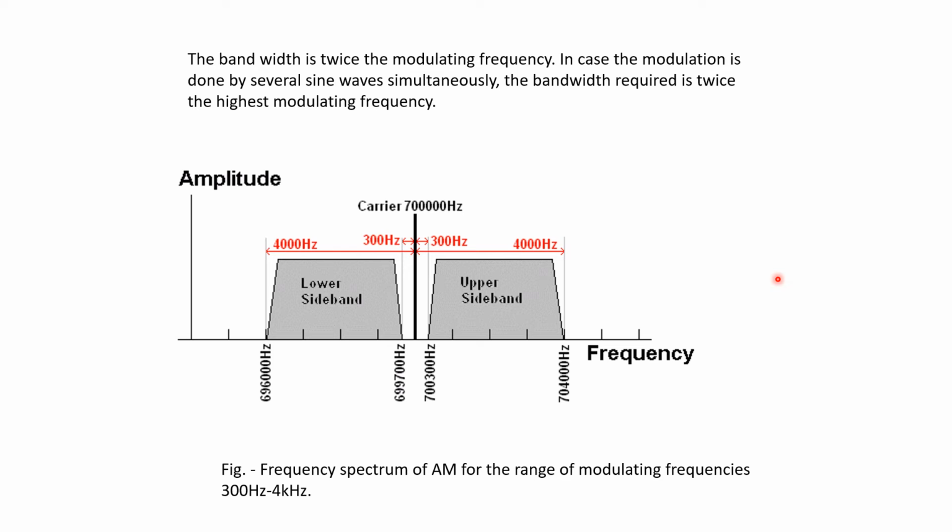If 200 hertz is to be propagated, then the bandwidth required will be 2 into Fm. But in the present case, we are not propagating a single frequency, but an entire frequency range of 300 hertz to 4000 hertz. So we will see what will be the bandwidth required for the propagation of this entire band of frequencies.